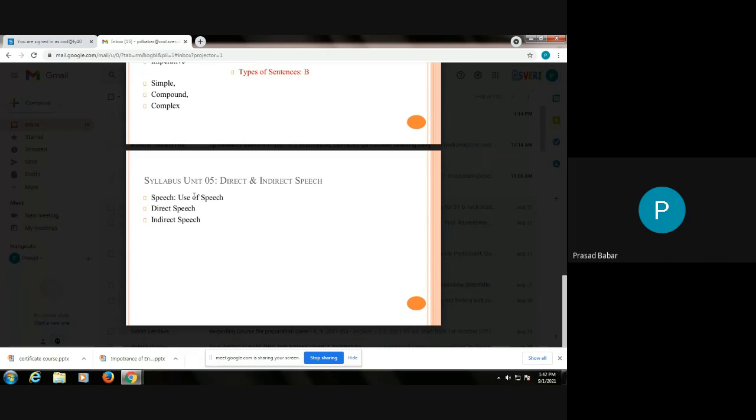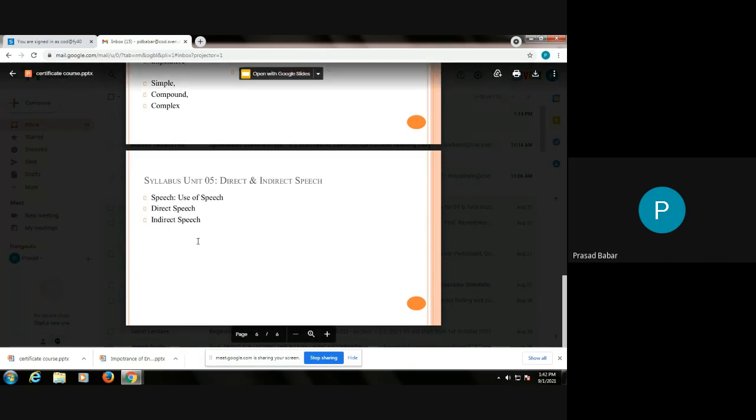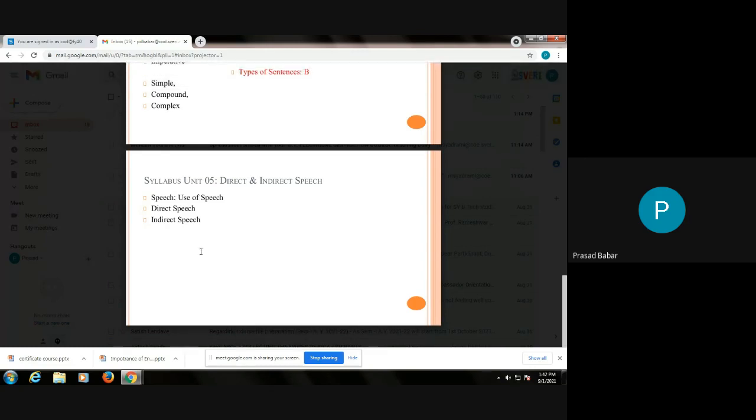In this way it is direct speech and indirect speech. Direct speech is made in the presence of that person, and indirect speech is made in the absence of that first person.